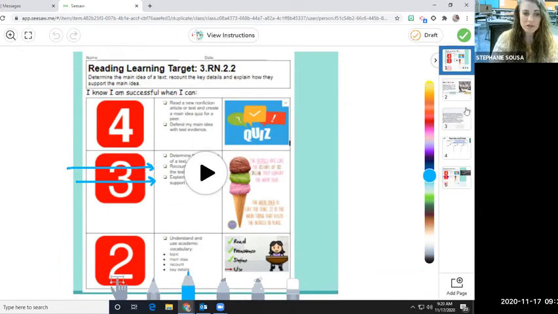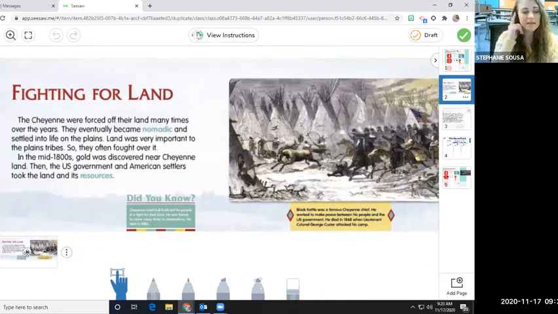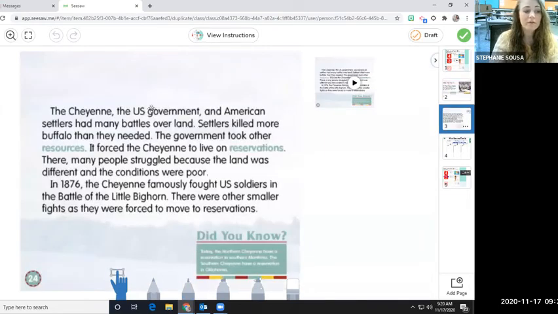Slide 1 is your success criteria. Slide 2 is the first page of text that you will read. If you are struggling to read the text, your group can click on the video down here and listen to Ms. Renalé read this text to you. Slide 3 is the second part of text. Again, you can read this out loud, or you can click on the video to listen to Ms. Renalé read the text to you.